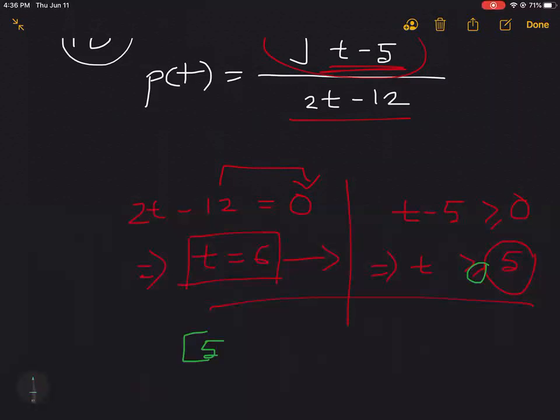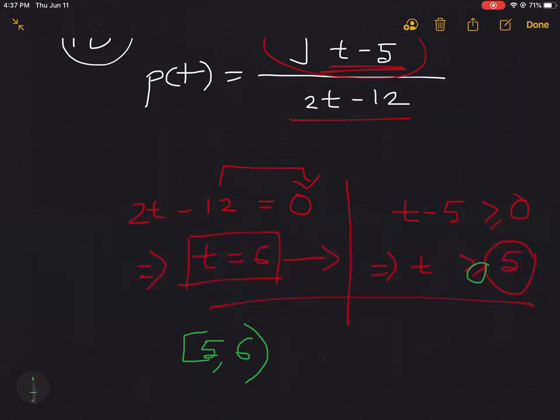Okay, where were we? Yeah. So we'll have to stop at 6, and of course, we can't really include 6, so it will be open. Should we stop here? Is it the domain?